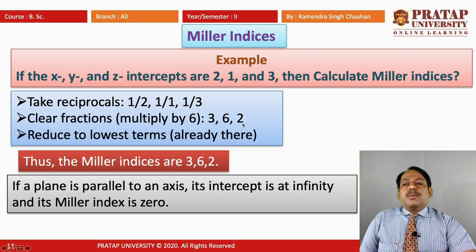So this is the simplest or reduced form. So the Miller indices are 3, 6, 2. If a plane is parallel to an axis, its intercept is at infinity and its Miller index is 0.